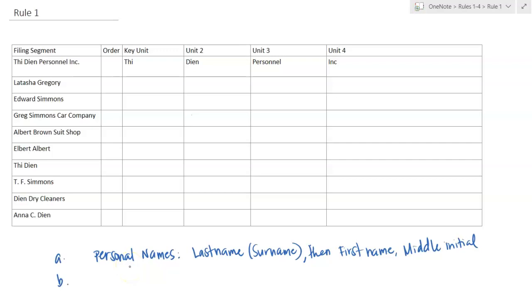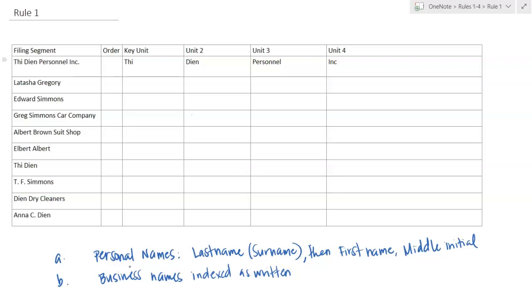Rule 1B deals with business names. Business names are indexed as written. For these examples, which are also in your e-text, the first one is given to us.